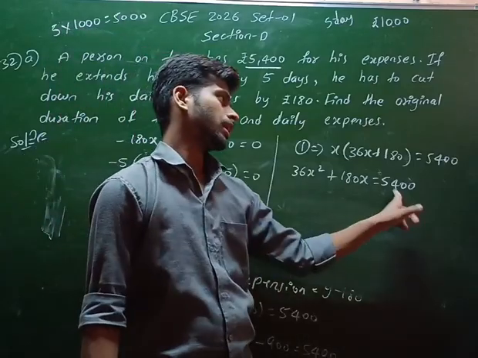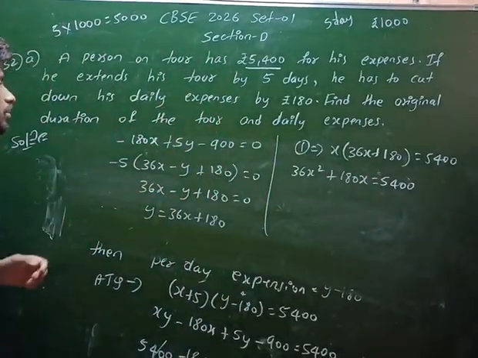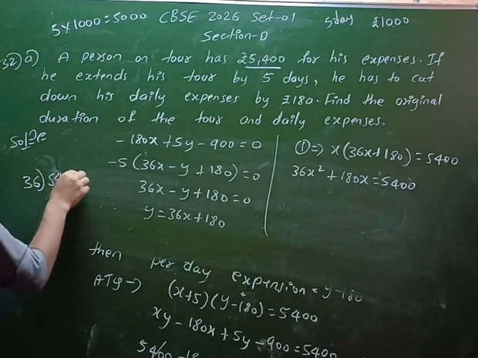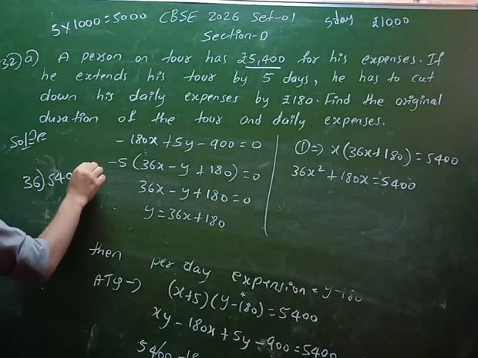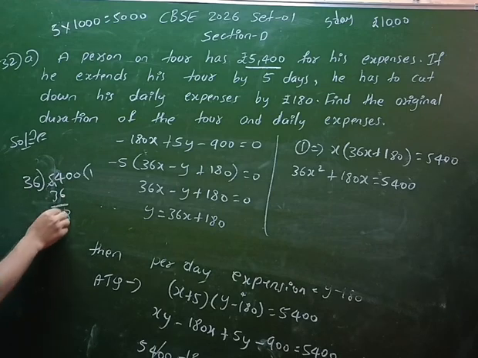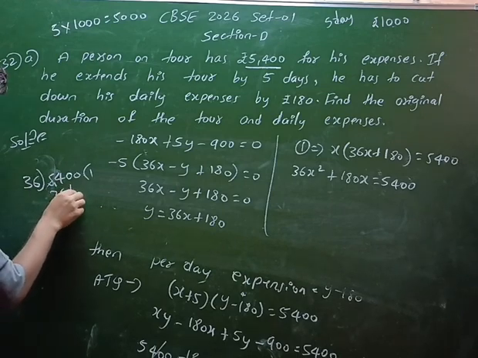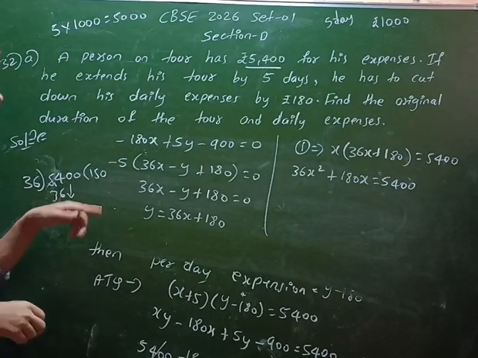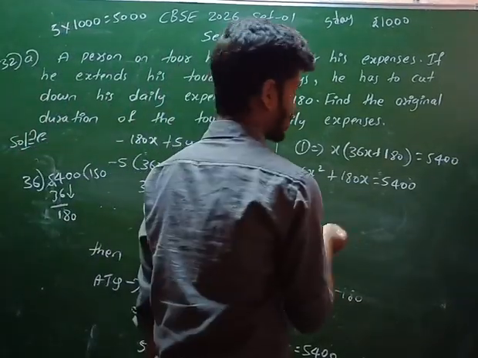Now check whether we can divide 5400 by 36. 36 divided into 5400: 54 minus 36 is 18, then 0 down, 180 minus 180 is 0, so we get 150. So 36 we can divide.